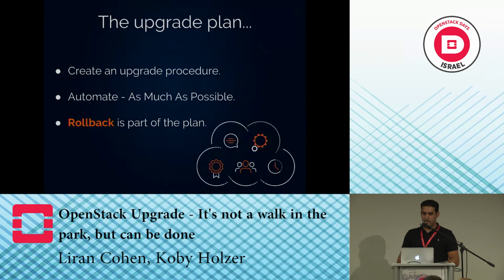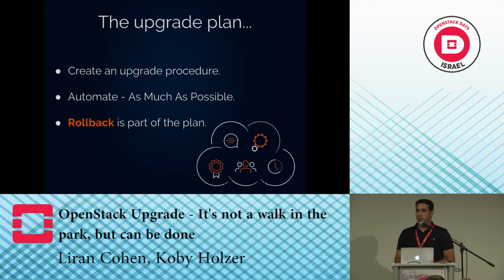So once we have the planning in place, we need to document that. We need to create a full procedure with all the steps that we need for the actual upgrade. So we will write all the steps in the procedure. We will review each step and try to automate as much as possible, so make sure you really invest the effort needed for any automation.